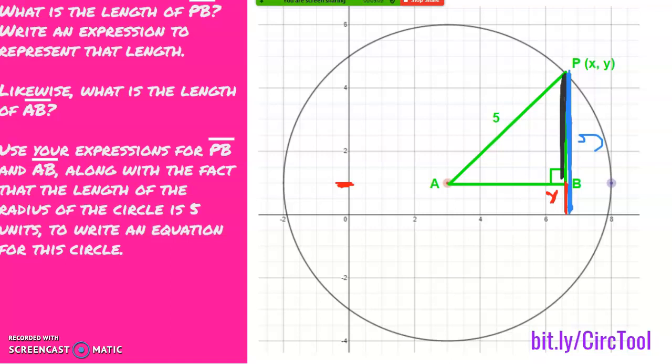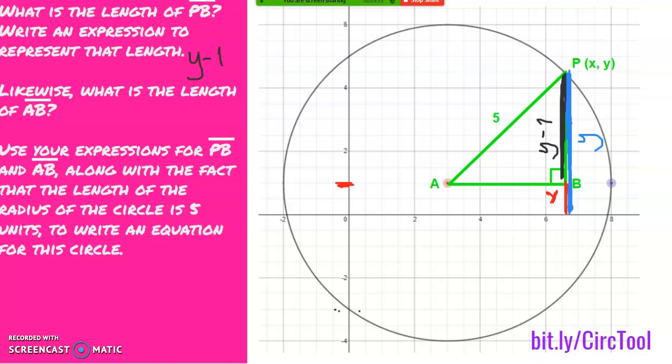And that leaves us with y minus 1. So I'm going to say line segment PB is y minus 1.